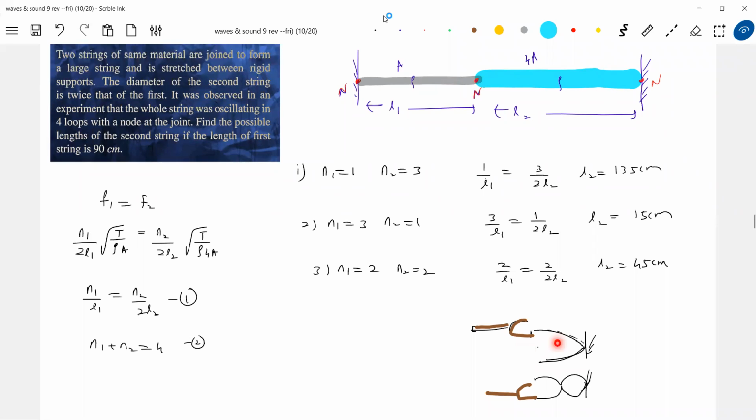Half loop is possible for one isolated wire.